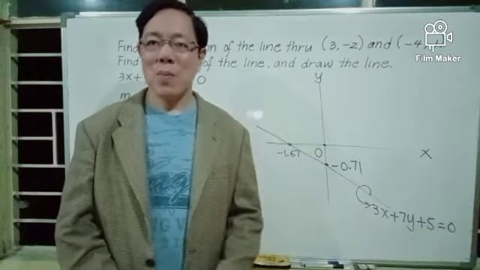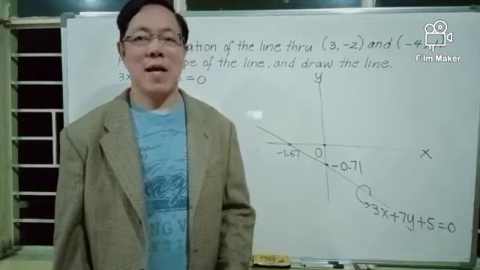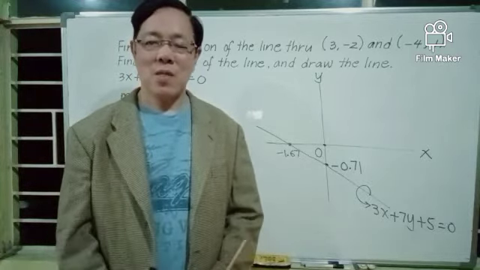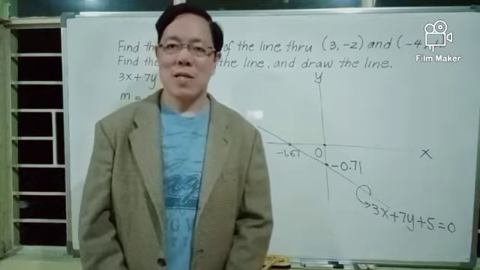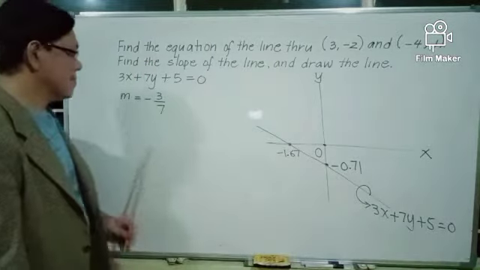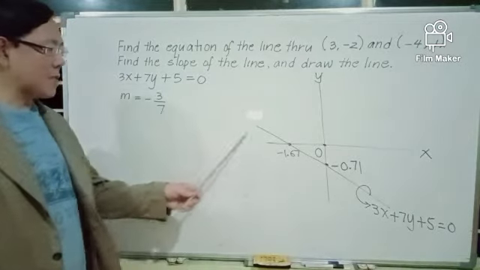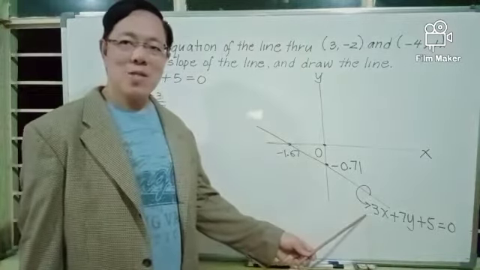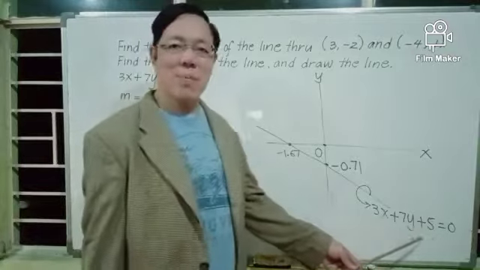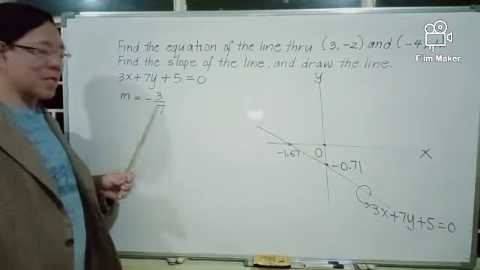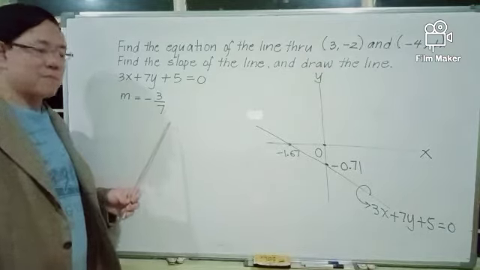Before we formally define slope of a line, let us interpret the value of the slope we have obtained earlier. Earlier, we have shown that the slope of this line with equation 3x plus 7y plus 5 equals 0 is negative 3 over 7.